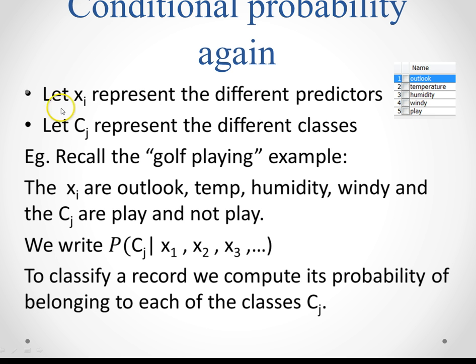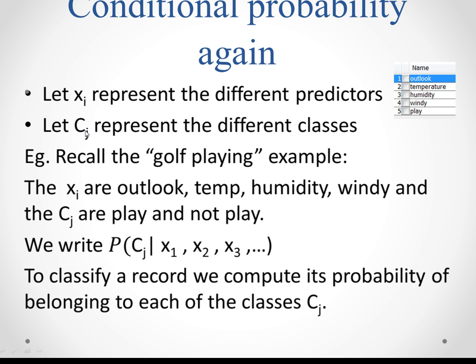So how many C's are there? There's a C1, there's a C2, is there a C3? No. What's C1? Might be play, C2 might be no play. Okay, C1, C2, and so on stand for the possibilities. In this notation, it stands for the different possibilities for the class.